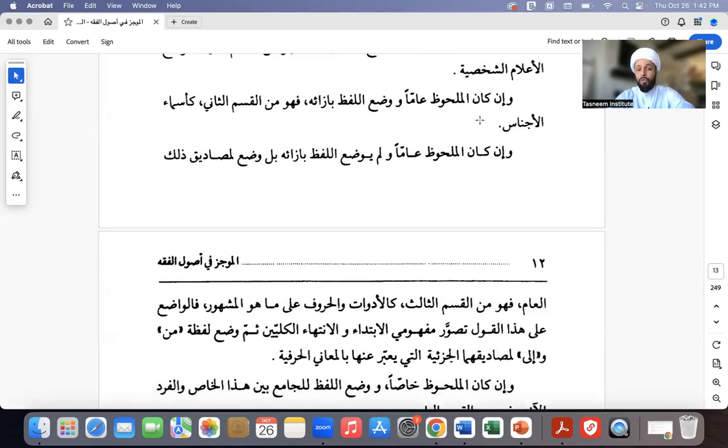وإن كان الملحوظ عاما ووضع اللفظ بإزائه. Now, if what is being considered is general, if we conceptualize something general, and then we designate a general term to refer to that general concept, this is of the second type. فهو من القسم الثاني كأسماء الأجناس. It's like the names that we give to different species. So for example, I'm thinking about something general, like the human being.